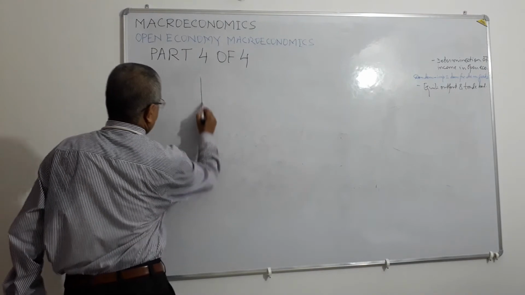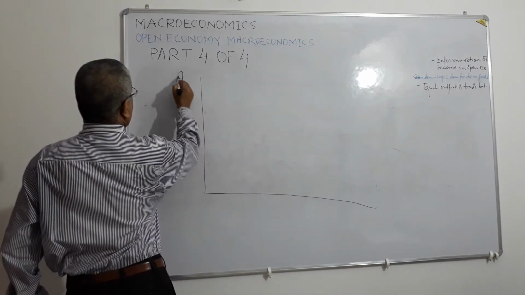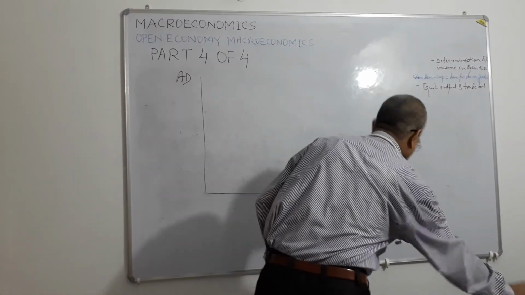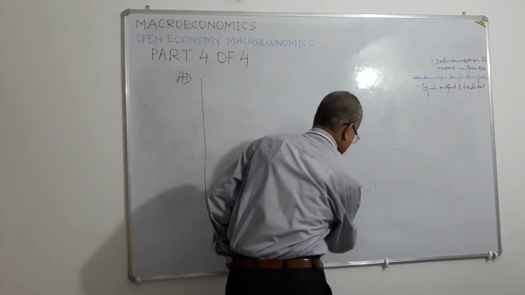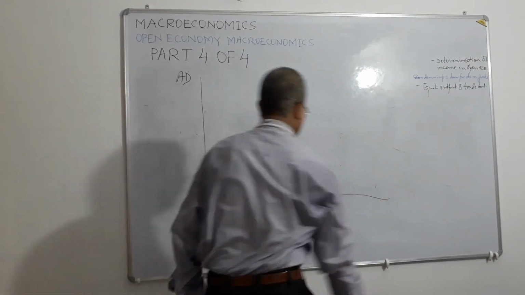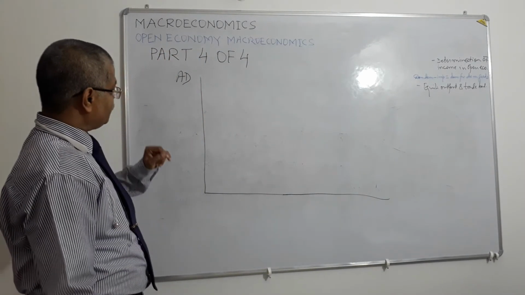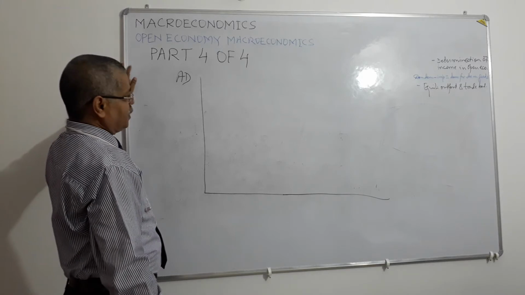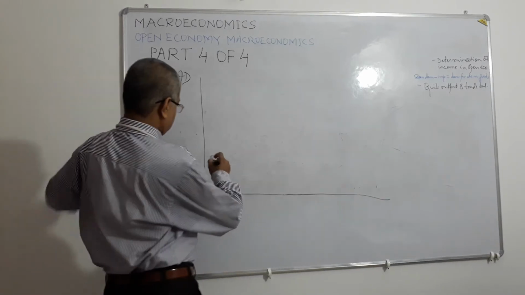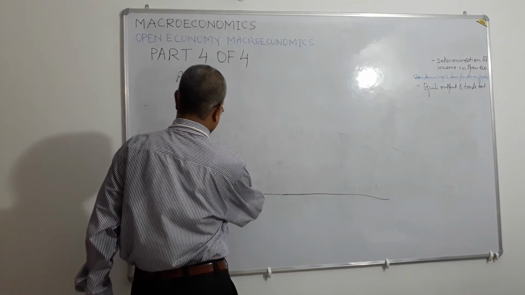See here, this is the aggregate demand and this is domestic income, Y. Here we will see the relationship.